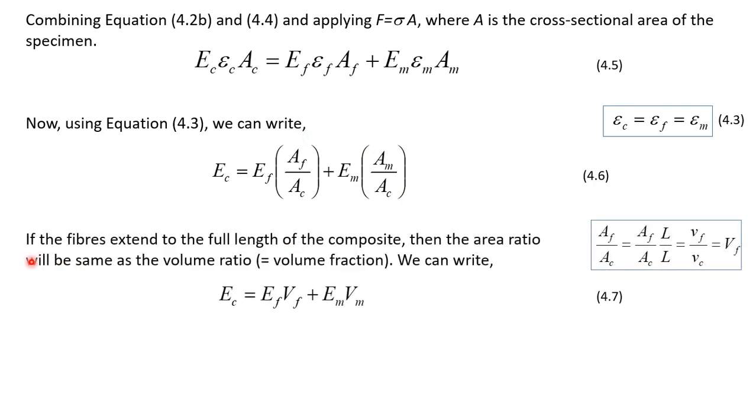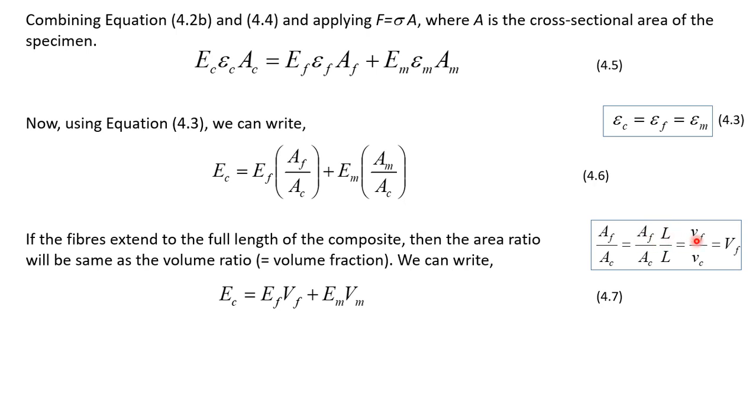Now, if the fibers extend to the full length of the composite, then the area ratio will be same as the volume ratio, which has been proven here. So area ratio, for example, AF over AC is equal to AF over AC, and we multiply length on both sides, numerator and denominator. So now area of the fiber multiplied by the length is same for the fiber and the composite.